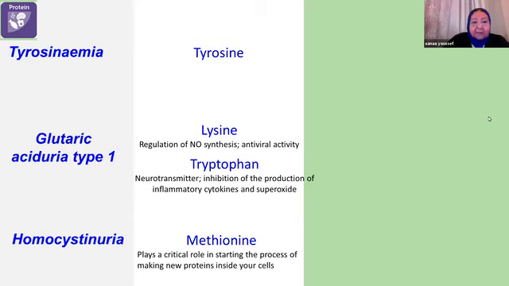Eventually, there is a stage in the middle of the cycle of these amino acids which results in the accumulation of glutaric acid, 3-hydroxyglutaric acid, as well as glutaryl-carnitine.